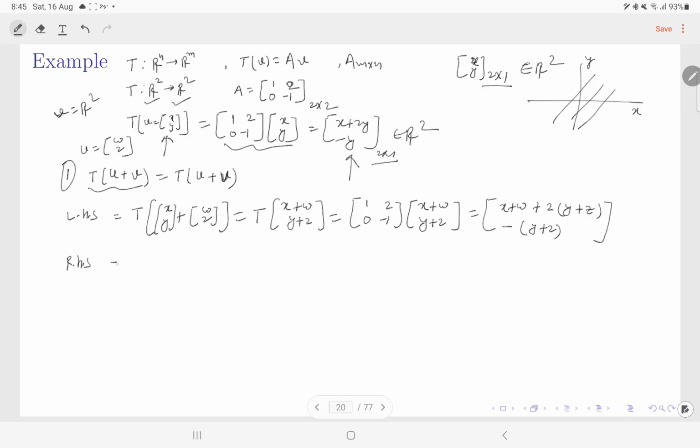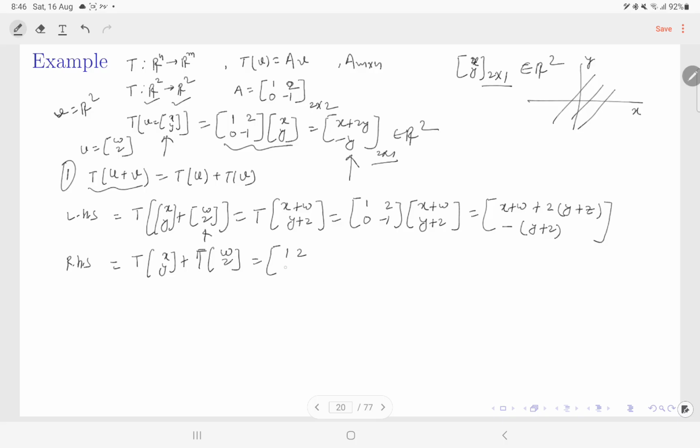Now what about the RHS? I have written this wrongly here. This will be your T(u) plus T(v). So what will be T(v)? T(u) will be the matrix applied to (x, y), plus the second term will be T(v), because v is (w, z).